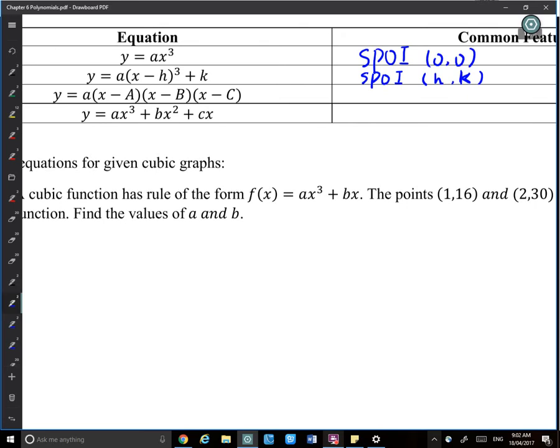Okay, for the next one, if capital A, B, C are fixed numbers and still the lowercase a is a number that can vary, what will be the common feature? Capital A, B, C are fixed numbers, they won't change. What will be the common feature?